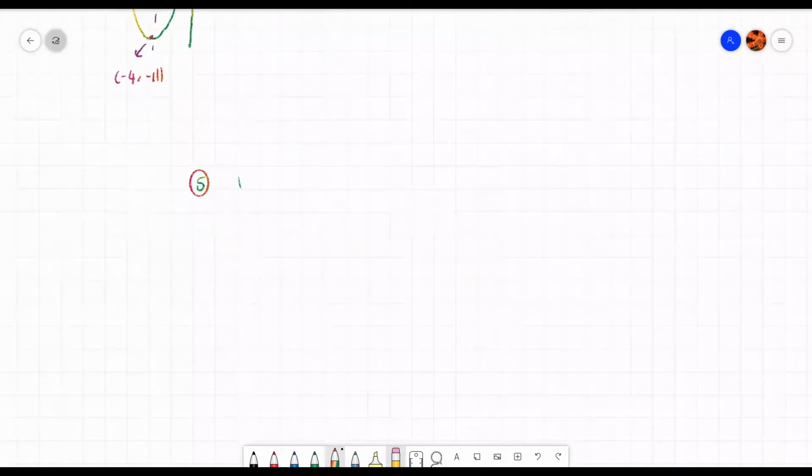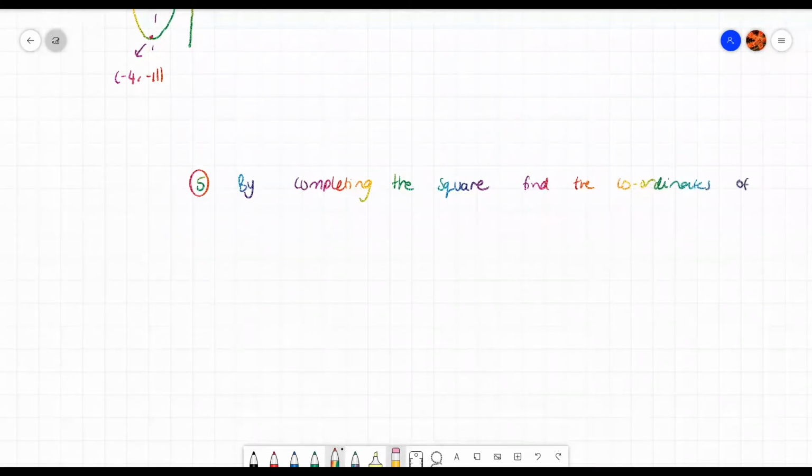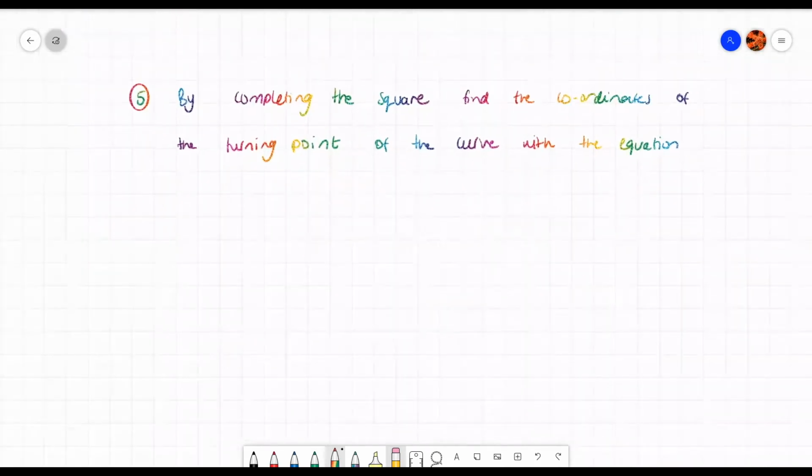Okay, by completing the square, find the coordinates of the turning point of the curve with the equation y equals x squared plus 3x minus 7.